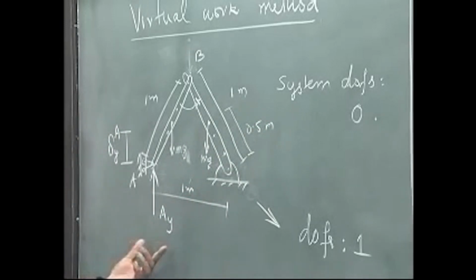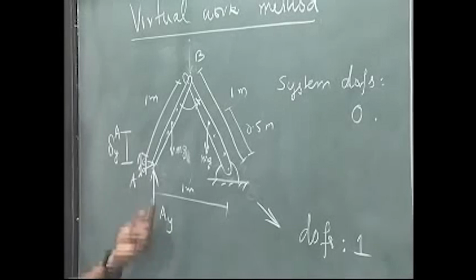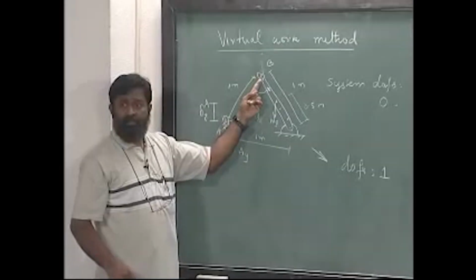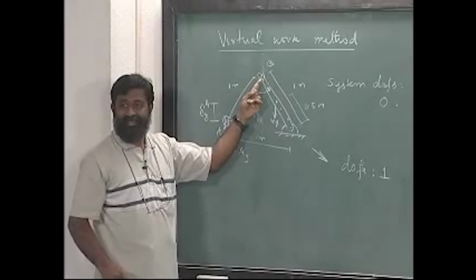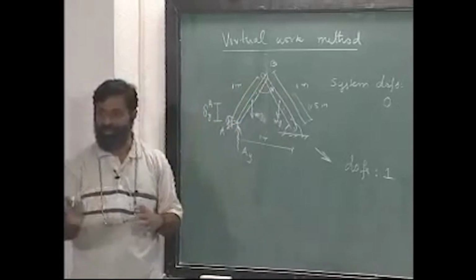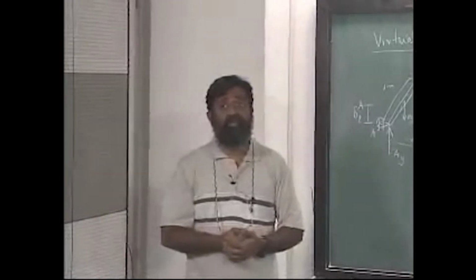It is very clear that the external forces Ay and mg will take part in the virtual work equation. Now, how about the reaction at B? One of the confusions in this virtual work method is which force should I take.